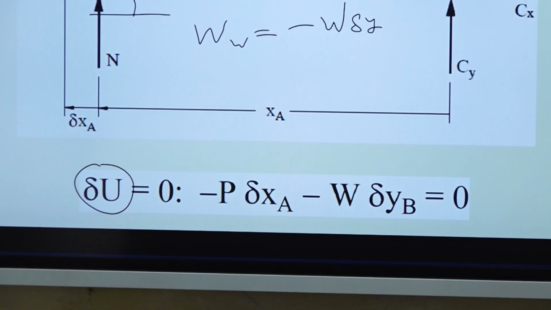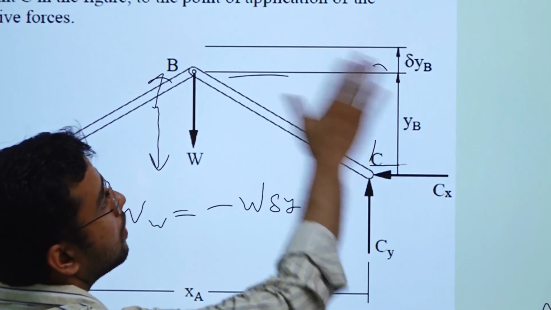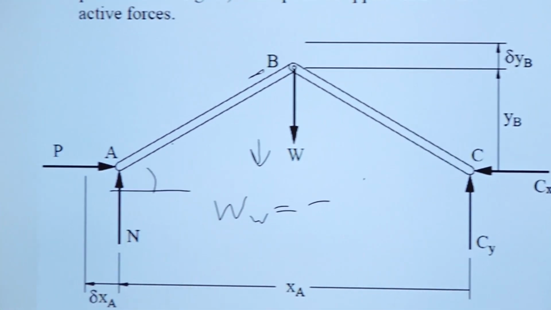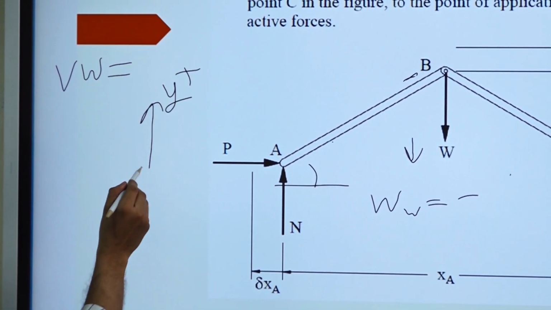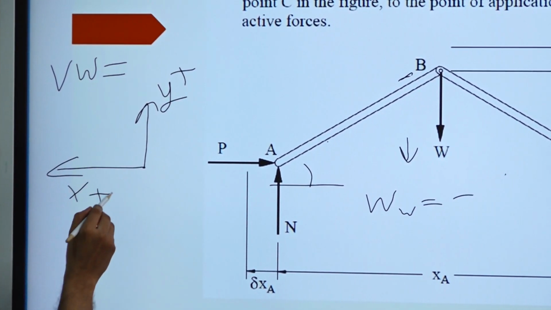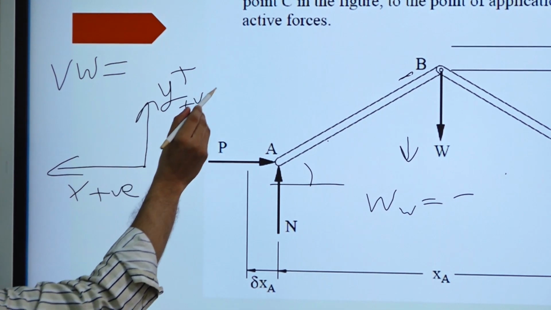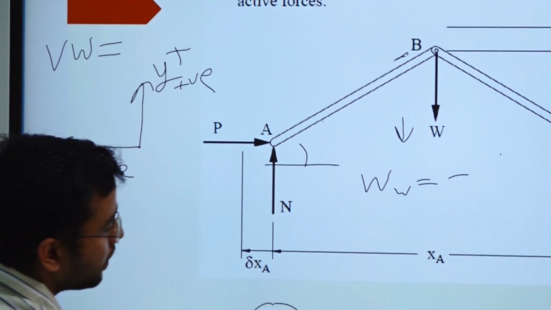What I think they have assumed is the coordinate axis with y positive direction and x in this direction positive, right? If you assume it this way, then only this minus sign will come.